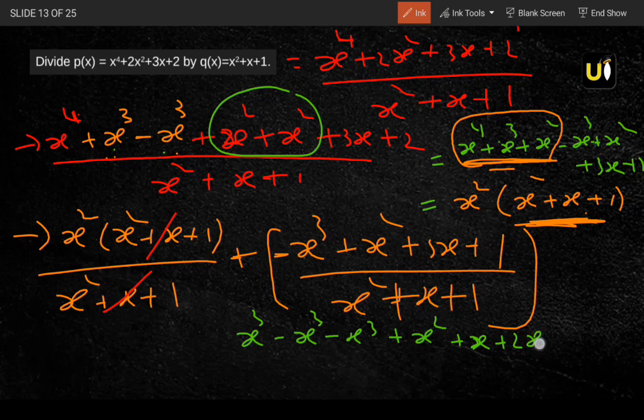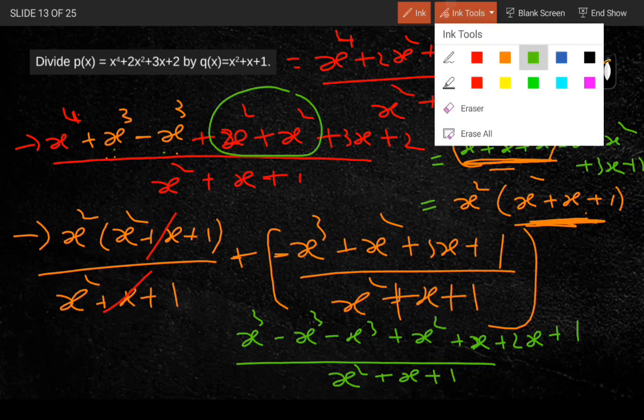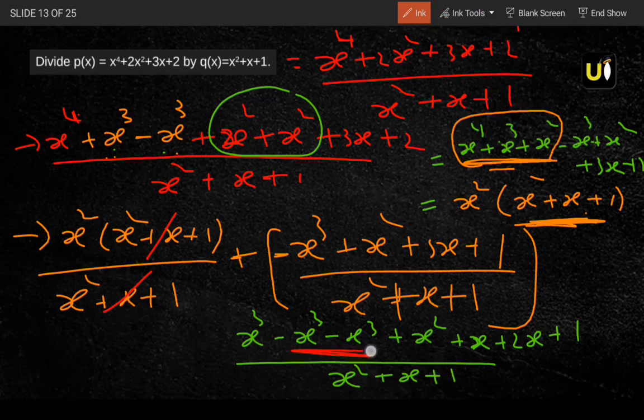Is everything correct? Wait, let me check it. Yeah, everything is correct. Oh, it's gone. Let me write it again. Plus 2x plus x plus 1, and the denominator is x square plus x plus 1.